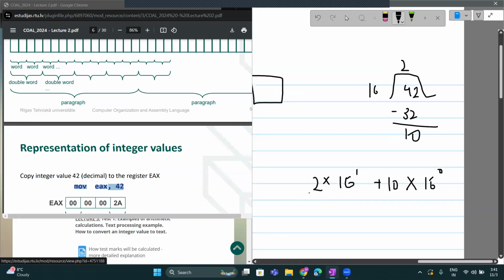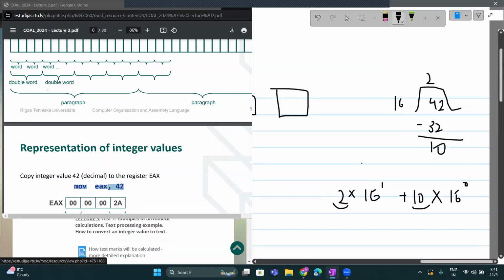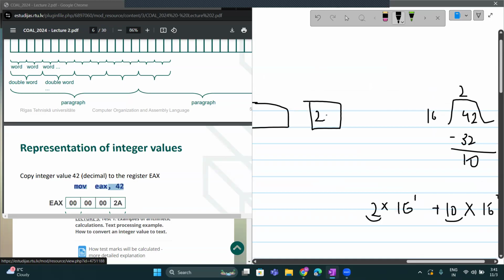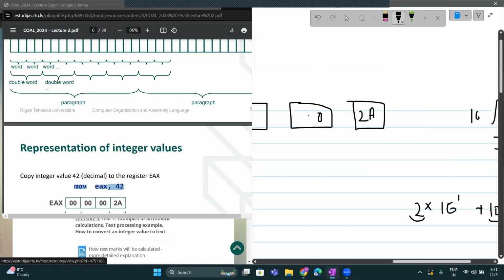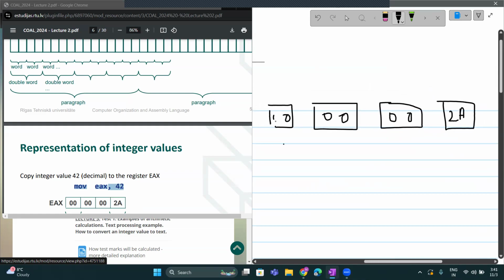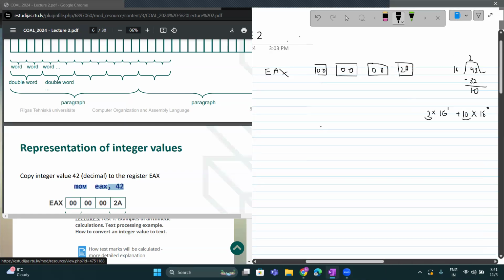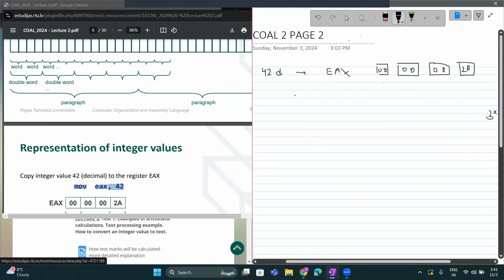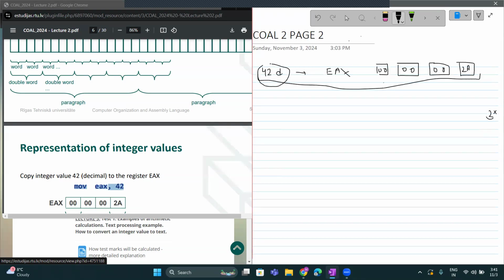So it will be 2 from here and 10 from here. And 10 in hexadecimal is A. So 2A, 0, 0, 0, 0, 0, 0. So 42D is represented like this in register EAX.